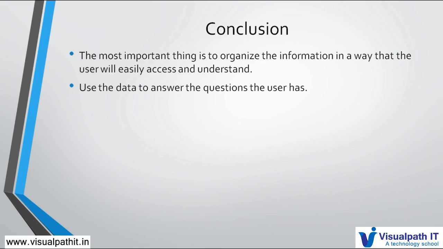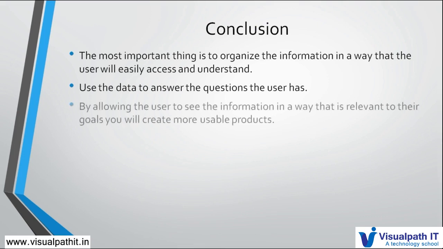Use the data to answer the question the user has. By allowing the user to see the information in a way that is relevant to their goals, you will create more usable products. Its main goal is to present the content on the carrier, be it a book page or poster, web page or mobile screen, in such a way that the user can understand the level of importance of each element.